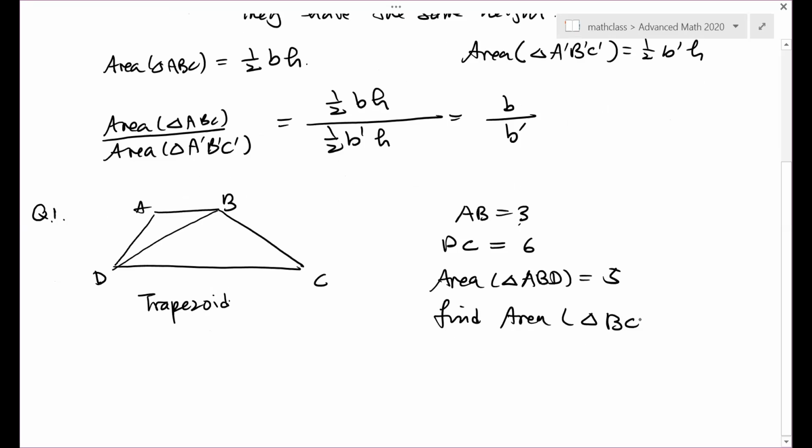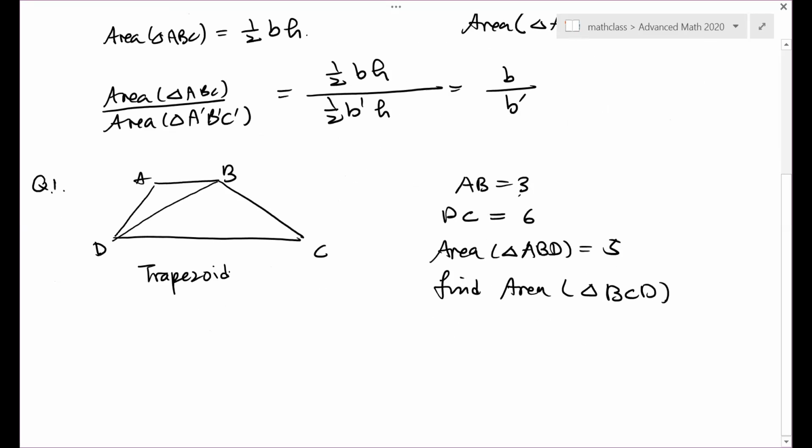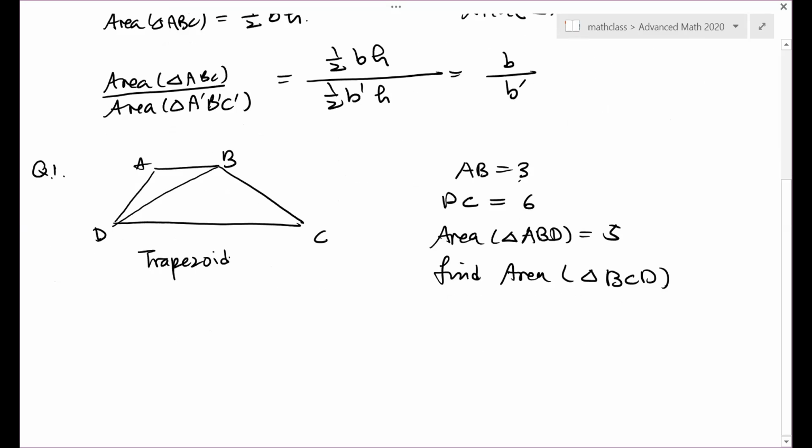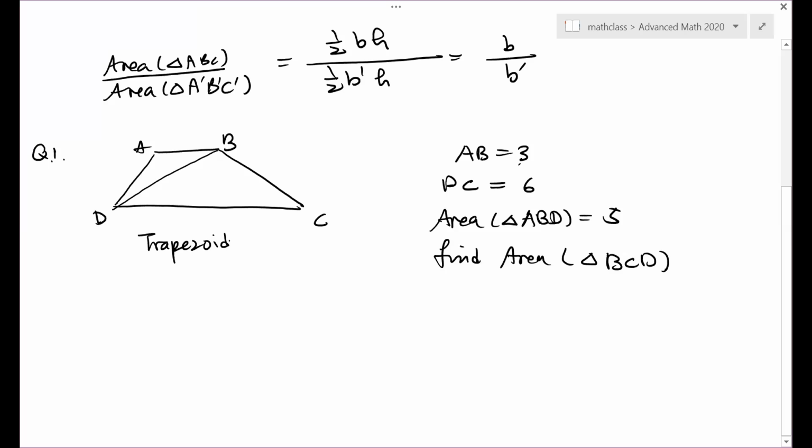So BCD. To solve this problem, there are several ways to do it. If you use a comparison, it'll be much easier, because those two triangles have the same height, since this is a trapezoid. The height of the triangle on top is the same as the height of the triangle at the bottom.